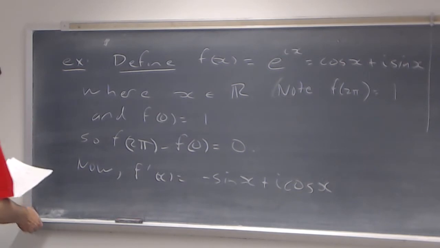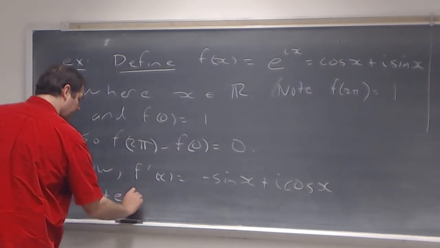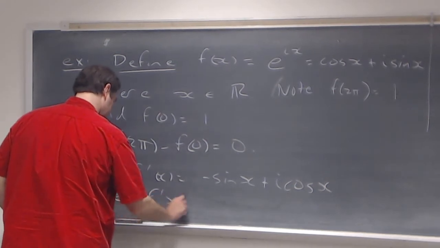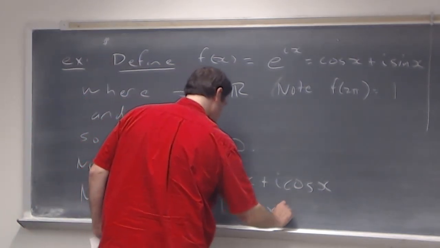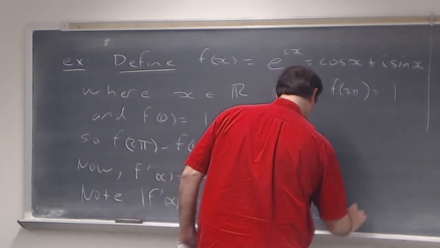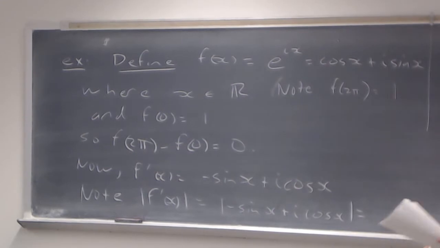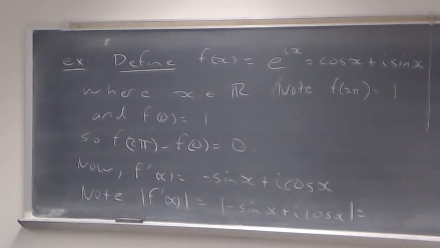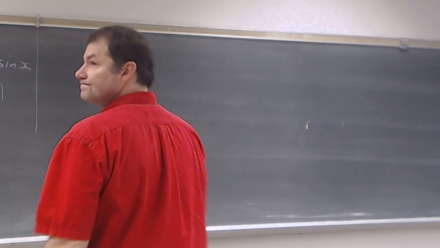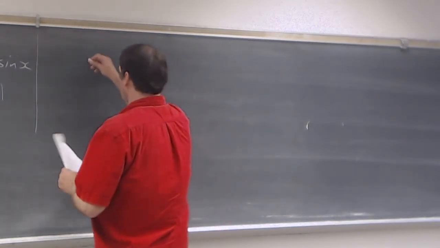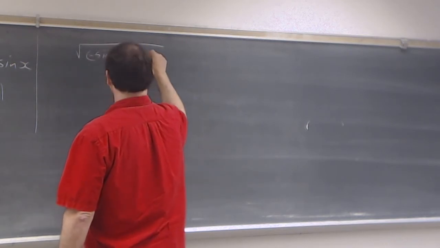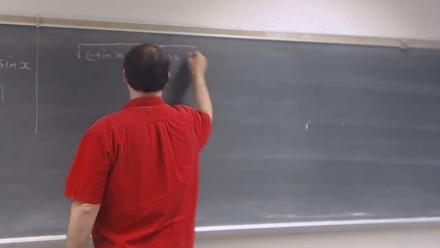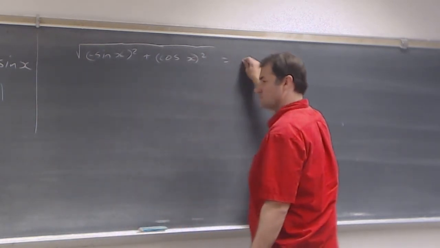And if we note that the absolute value of this complex number is equal to the square root of minus sine x squared plus cosine x squared, which equals 1.